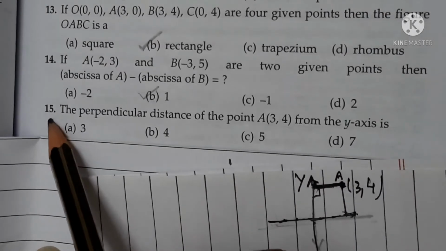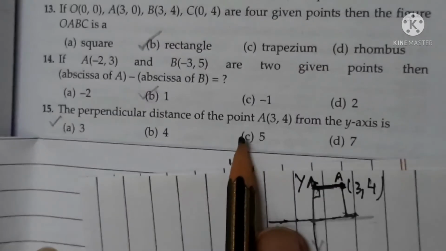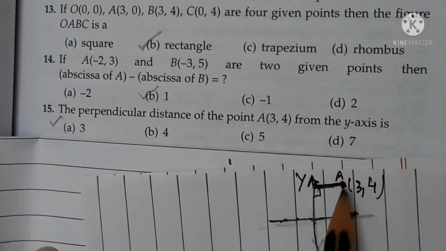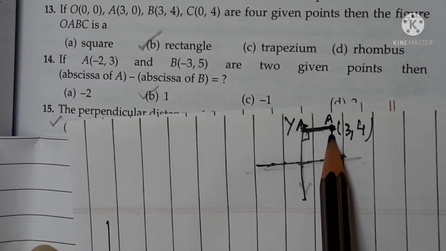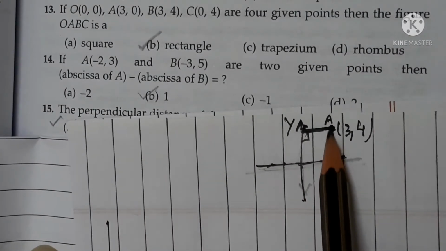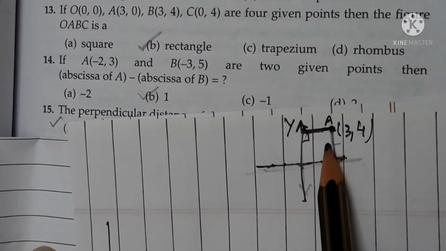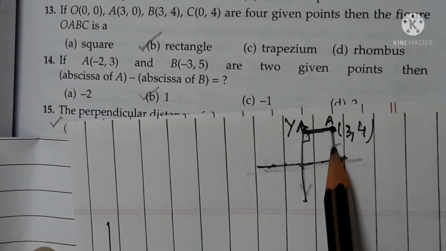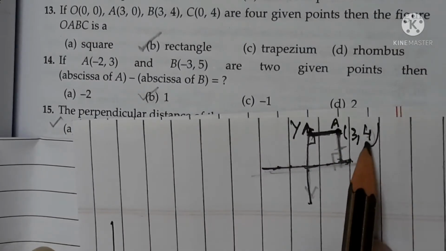Mark option A. Suppose if it were asking for the perpendicular distance from the x-axis, this is the x-axis and the perpendicular distance will be the y coordinate, this distance is 4. Then it will be 4.